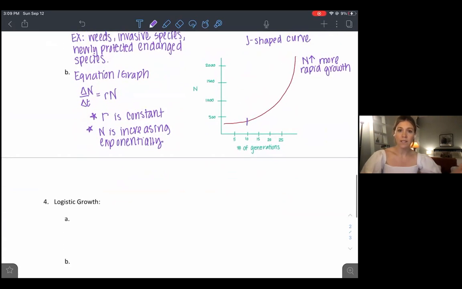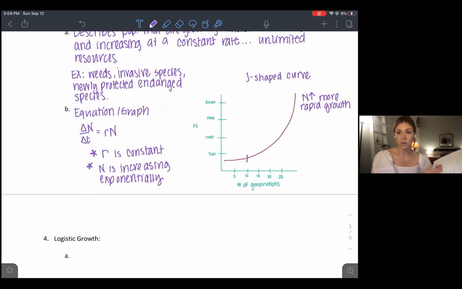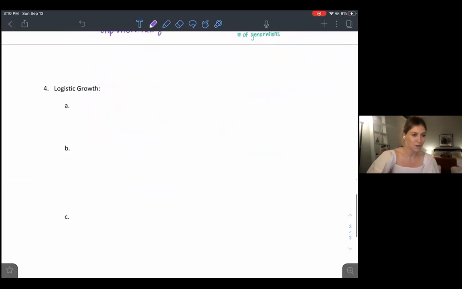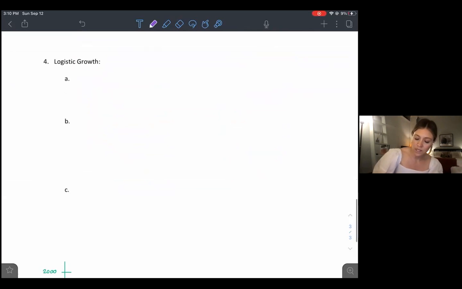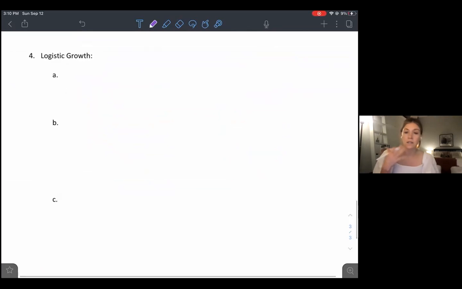Now, exponential growth is not super realistic for normal populations. We usually don't see this occurring in nature for very long because we don't have unlimited resources. So that's when we start talking about our logistic growth model. This is the growth type where we are taking into consideration limiting factors or limited resources.